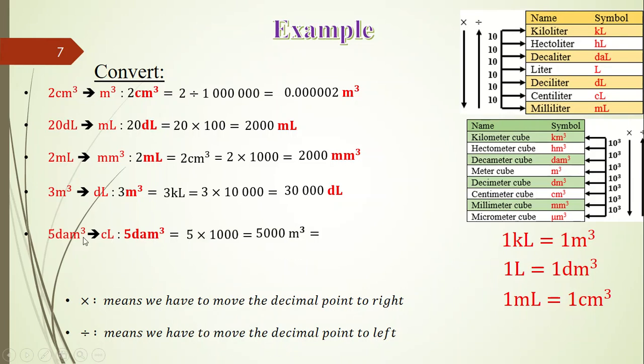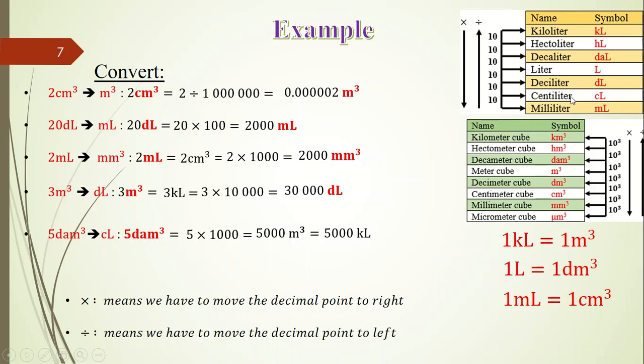Okay, so here I convert from decameter cube to meter cube. Decameter cube to meter cube, I am going downward, so I have to multiply by 1000. 5 times 1000 gives me 5000 meter cube. Meter cube means kiloliter. Okay, so instead of writing 5000 meter cube, I can write 5000 kiloliter. Now I have to convert from kiloliter to centiliter.